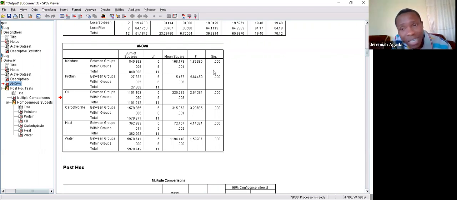When it is greater than 0.05, there is no significant difference. So that means that among the means collected for moisture, protein, oil, and carbohydrates, there is significant difference among them.